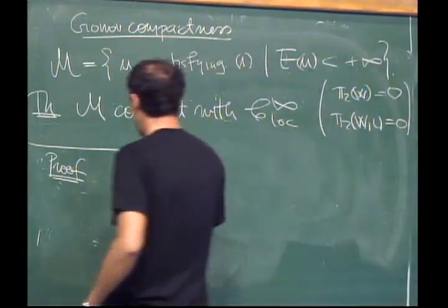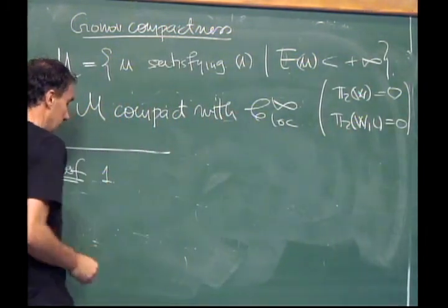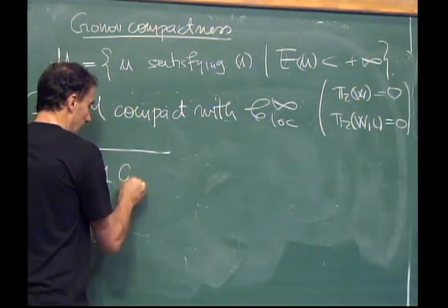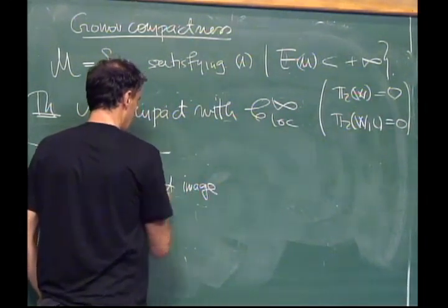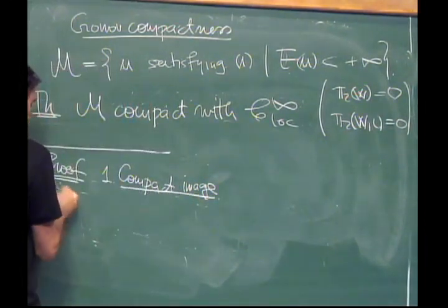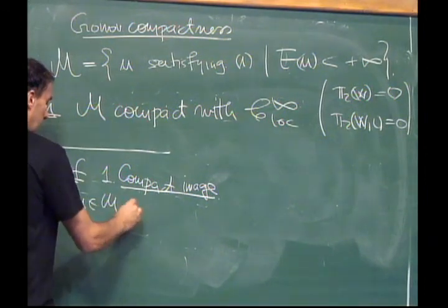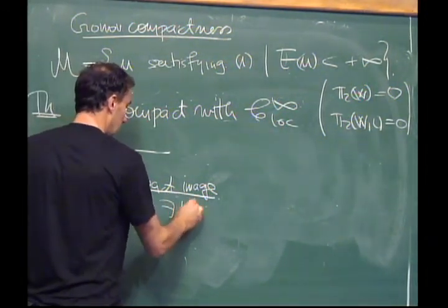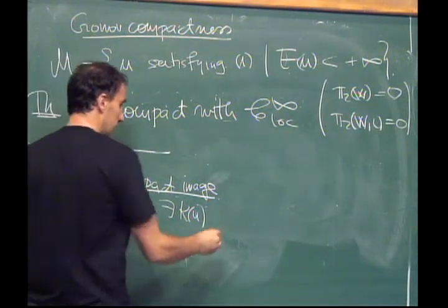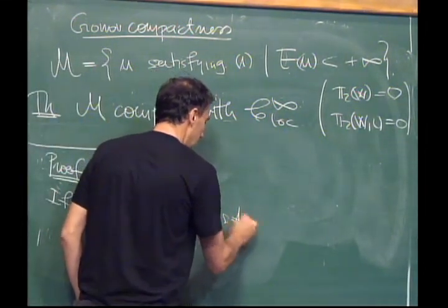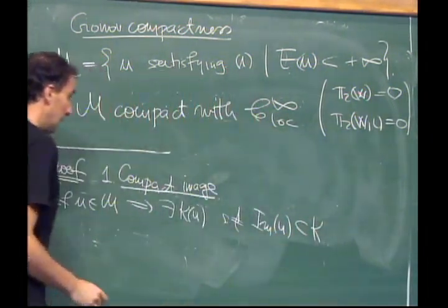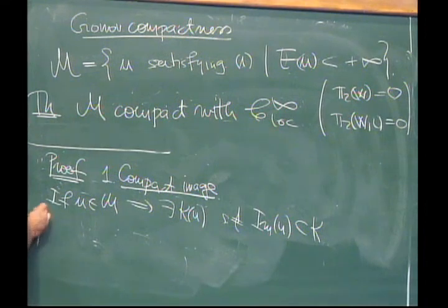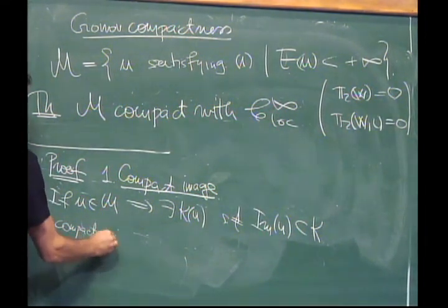The first one I call compact image, meaning that if u is in M, then there is some compact K, which depends on u, such that the image of u is in K. Of course, if the manifold is closed, it's obvious.